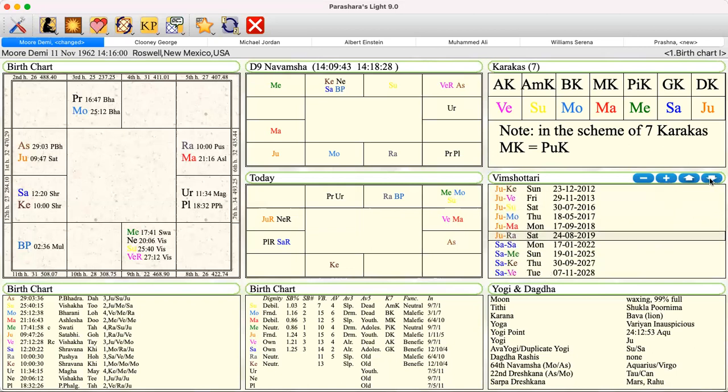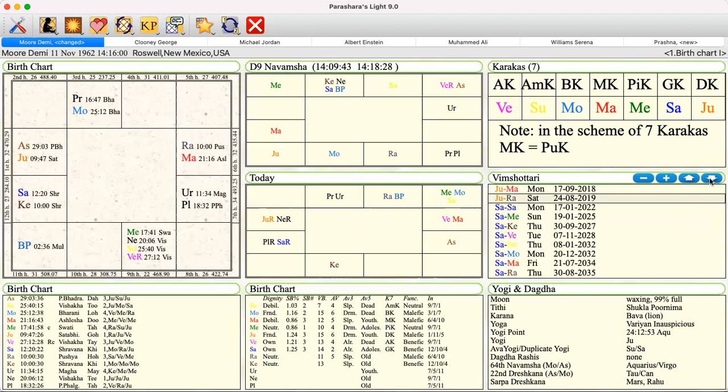So she's on Jupiter-Rahu, the very tail end of her Jupiter dasha, before she starts Saturn. We know the Saturn period can be difficult for her because it's her Nadana planet, but she'll have really nice times. Mercury and Ketu will give her a lot of support. Venus will be so-so. Sun will be okay.